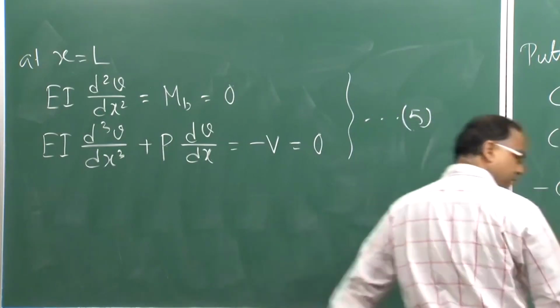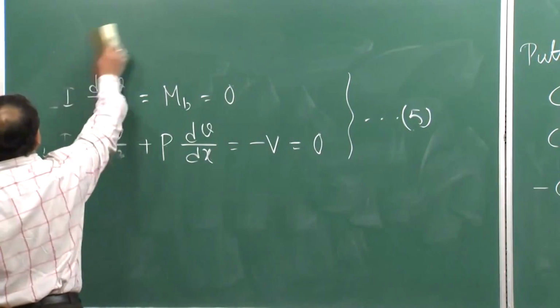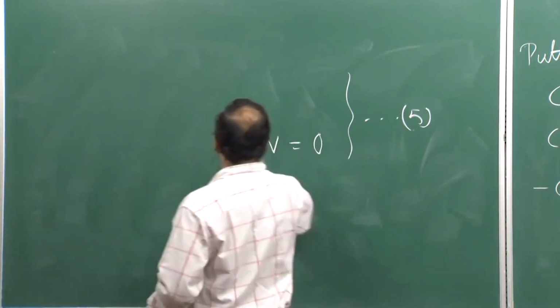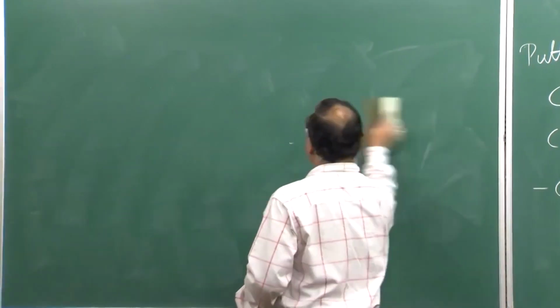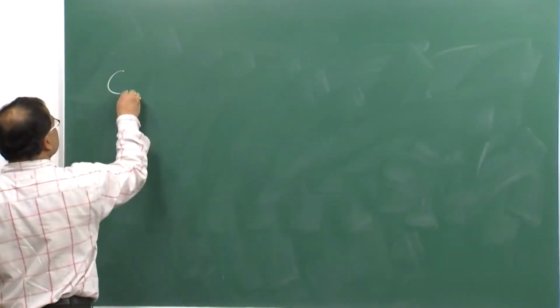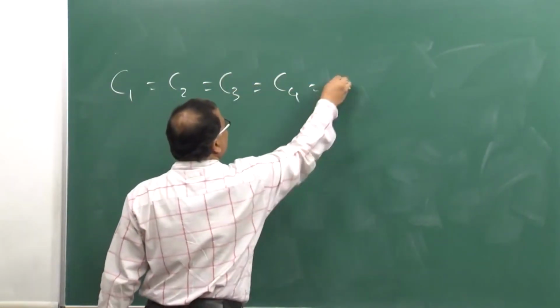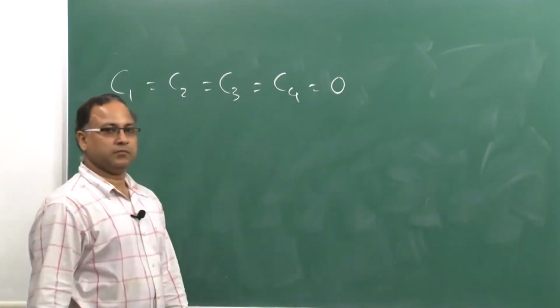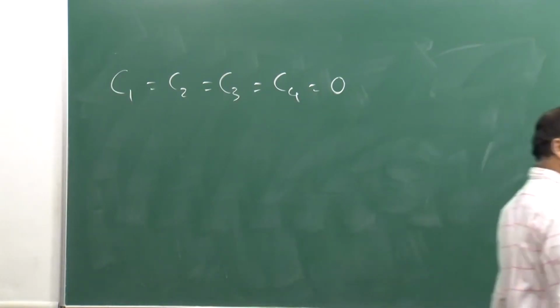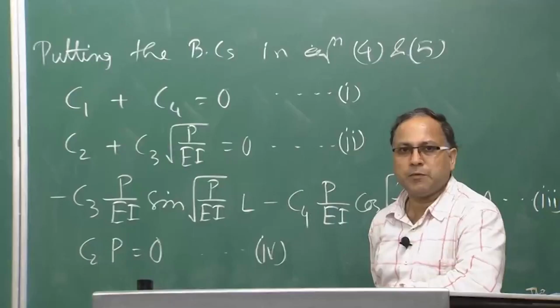We can say that C1, C2, C3, C4 all are 0, right. That could be one solution actually. C1, C2, C3, C4 all are 0. That is one of the solutions, that is the obvious solution, right, for this set of simultaneous equations.